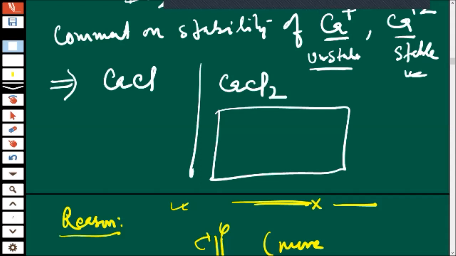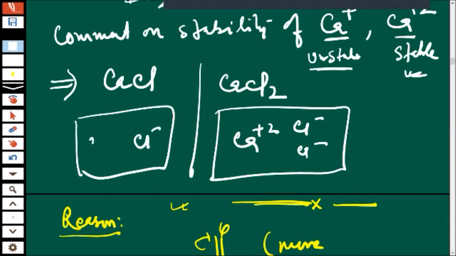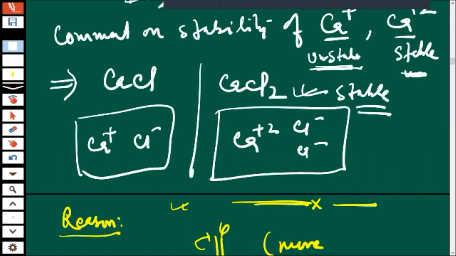Is it an element or a compound? A compound. Good. In CaCl2 there are two Cl minus, so it should be Ca plus 2. In the other case there is only one Cl minus, so Ca should be plus. You know that Ca plus is unstable and Ca plus 2 is stable. So CaCl2 is the stable molecule. I think you got the point.